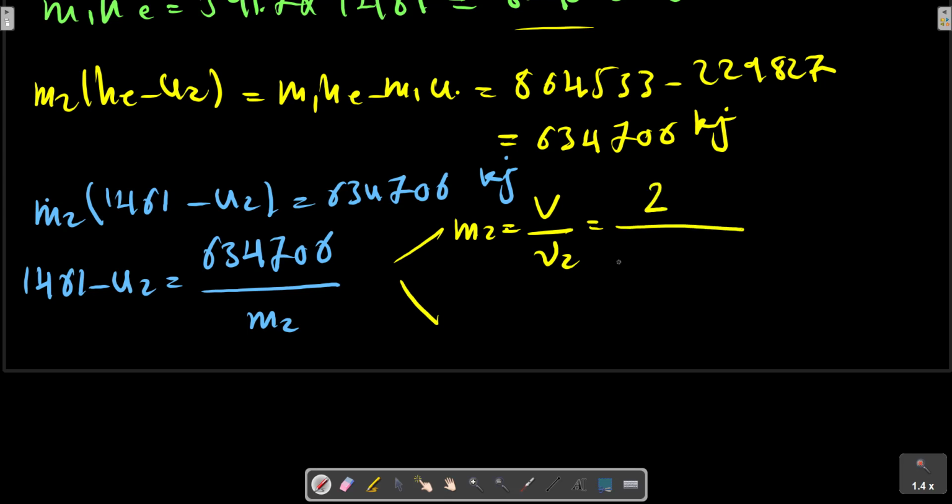For the V second, we extracted vf plus x2, the quality at the state 2, multiplied to the vfg at point 2, and also we have u equals uf2 extracted from the table.